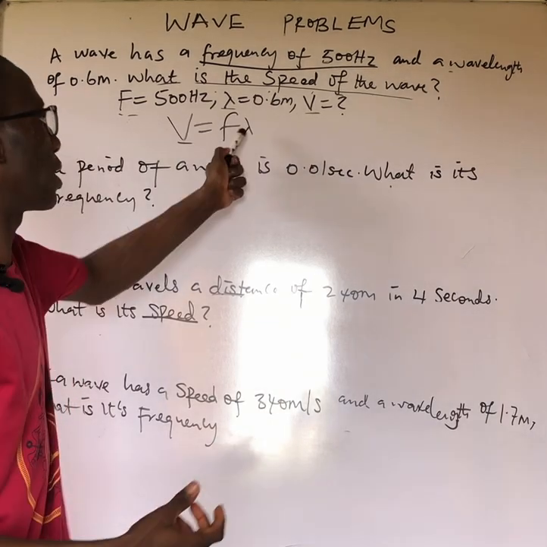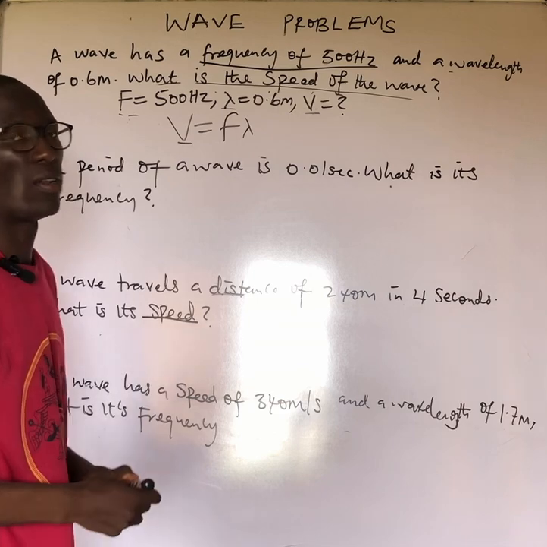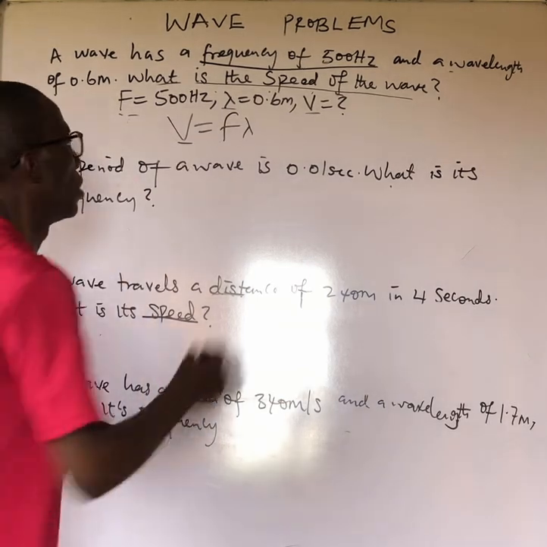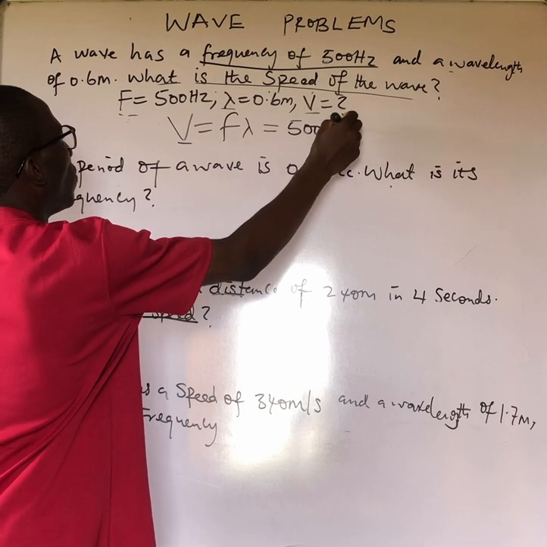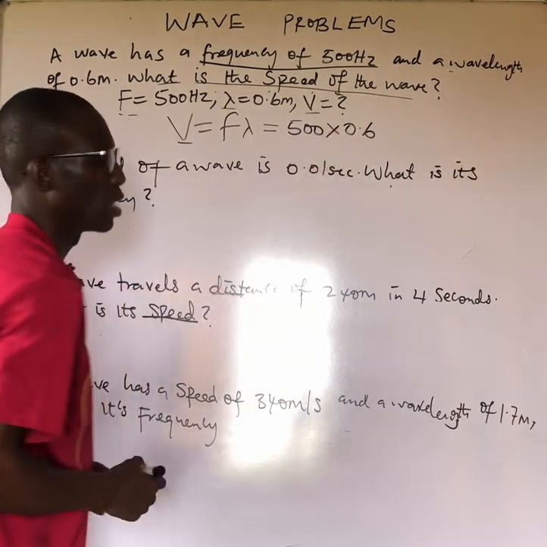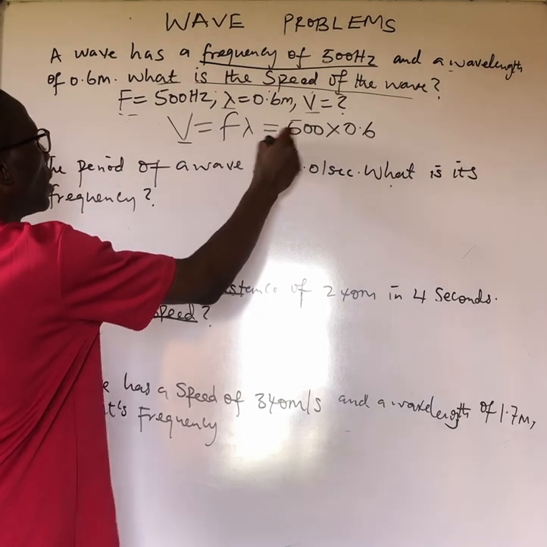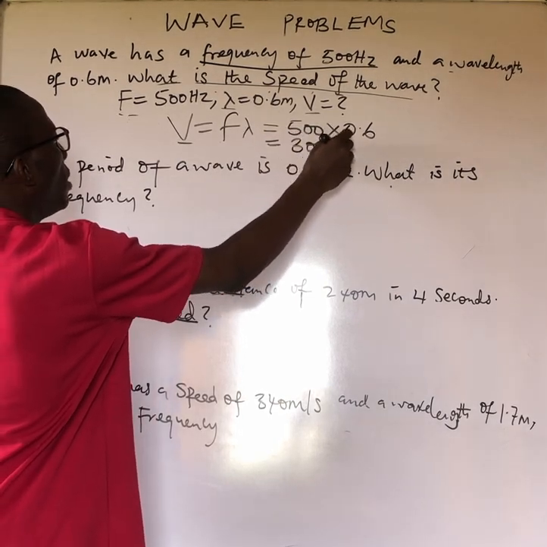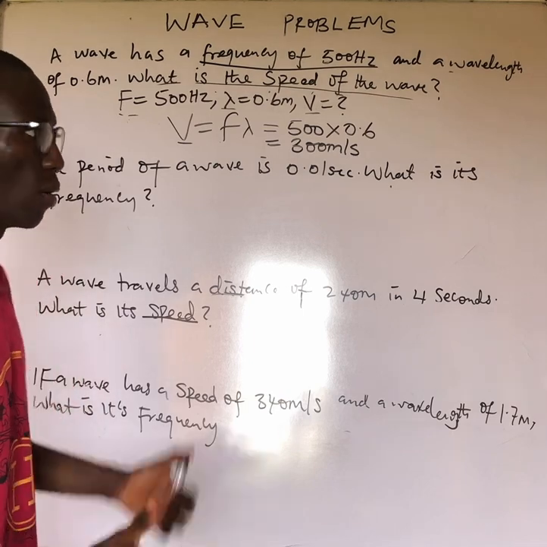You can call it lambda or you can call it wavelength. Let's input the given values. Frequency is given as 500 and wavelength is given as 0.6. Making use of the calculator to resolve this, we'll have 300 meter per second. Meter per second is the unit of speed or velocity.